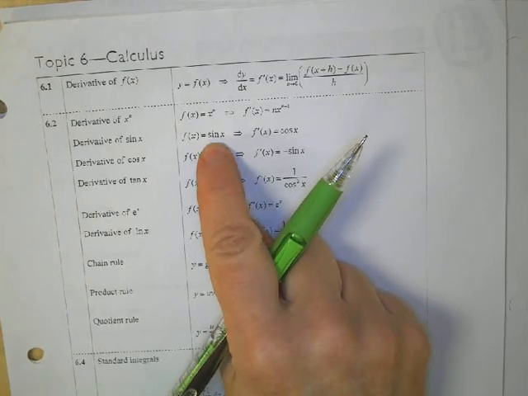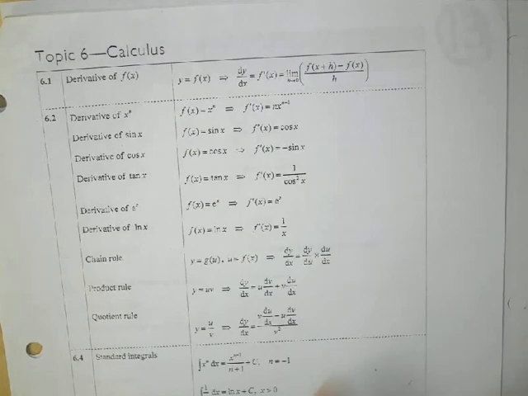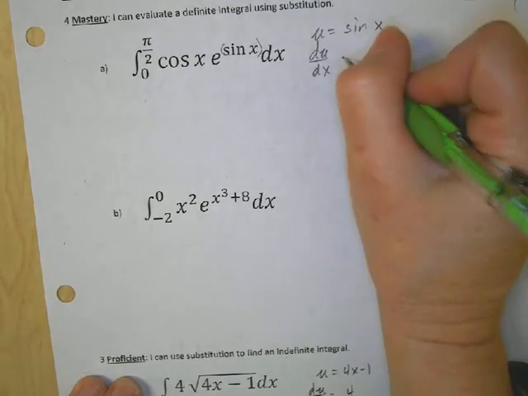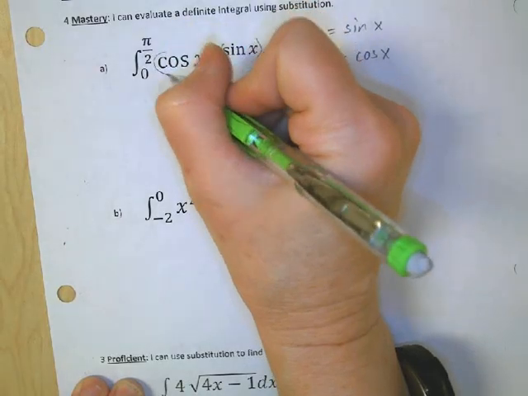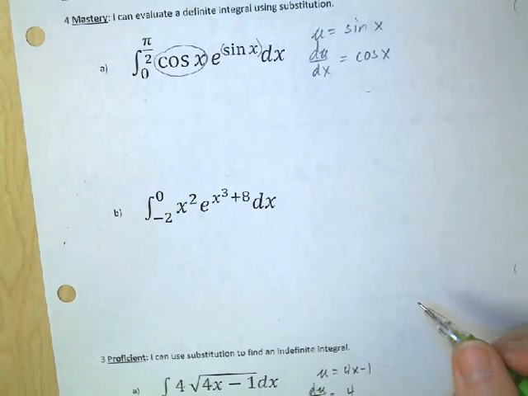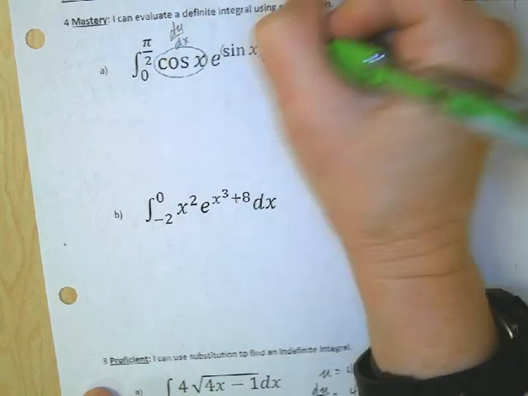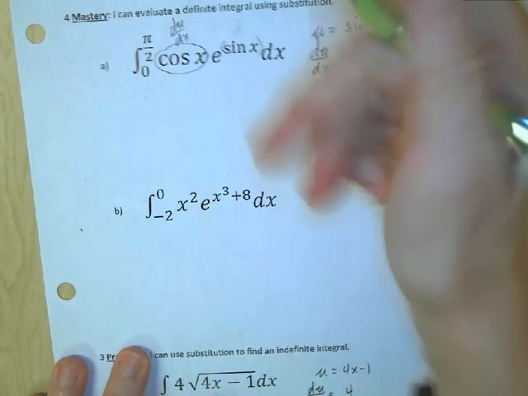The derivative of sine is cosine, as opposed to the antiderivative of sine being negative cosine. This time I want the derivative. So the derivative of sine is cosine. And lo and behold, there's my cosine. So that's my du/dx, and sine of x is going to be my u.